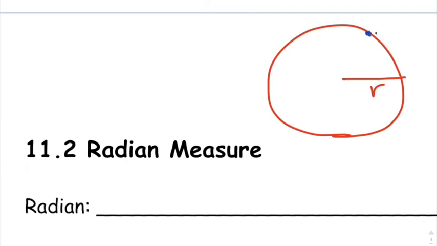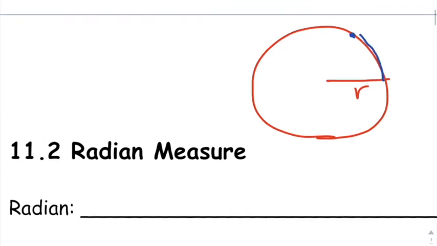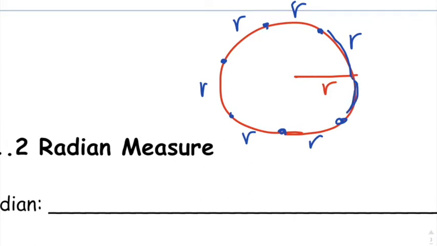What you're going to do is make an arc length of that same distance r around the circle. And you can do that multiple times. And you can get a bunch of these r's, r, r, r, r, r, and then you're going to have this little bit of a leftover piece. It's not going to completely cut off perfectly right there.